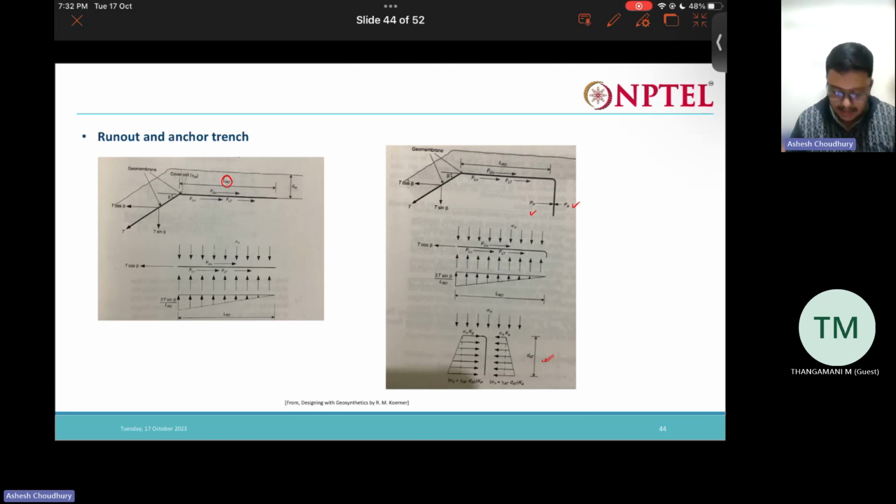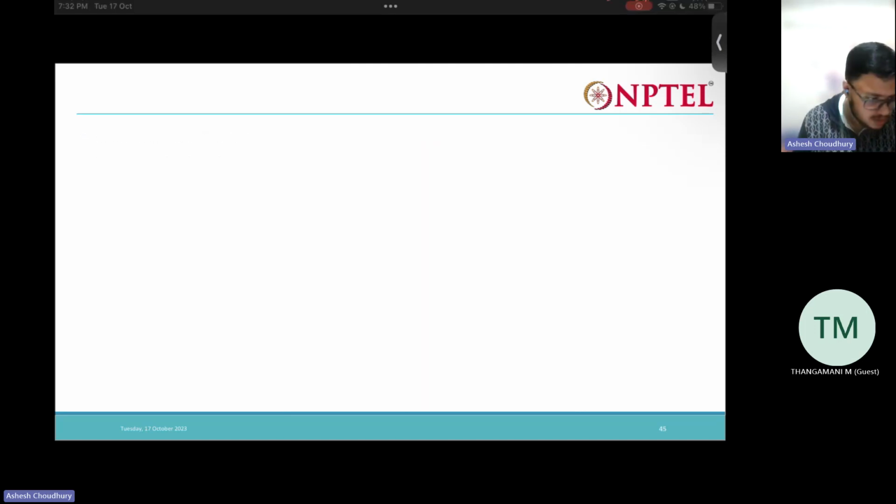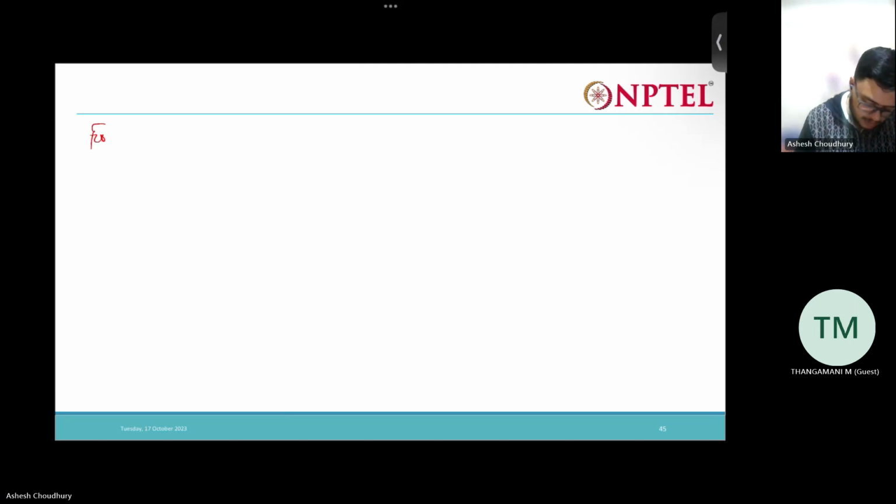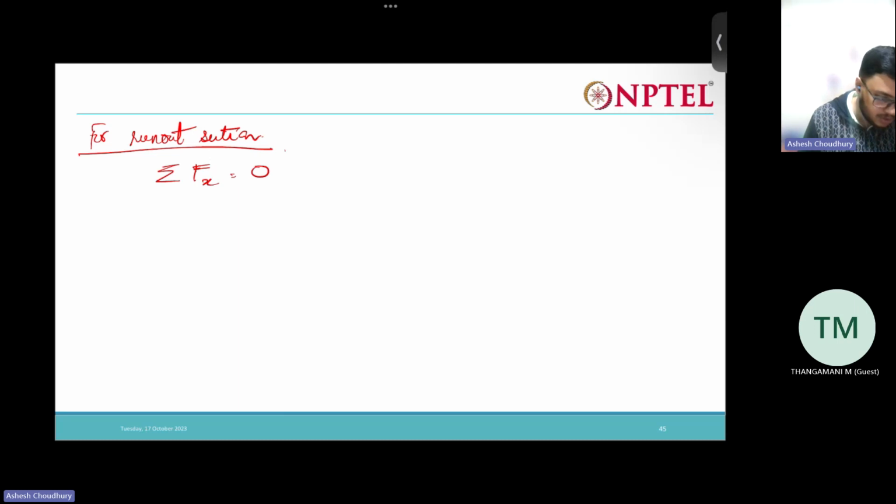Both these cases you will see. The first case is the runout. For the runout section, if we sum all the forces about x equal to 0, T allowable, the cosine component of the tension, that is the horizontal component.